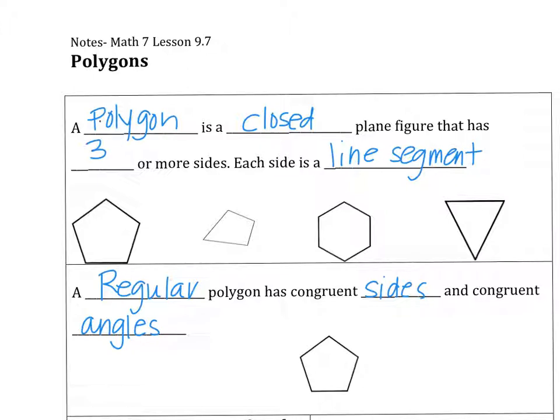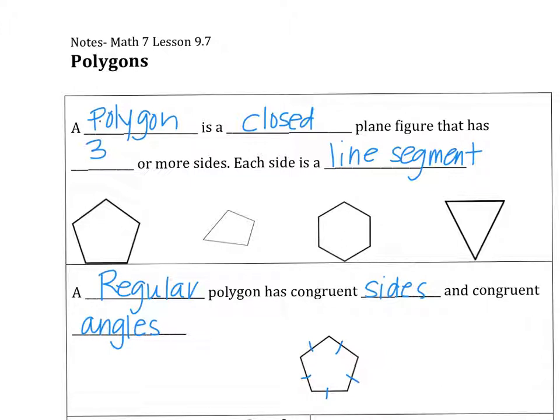So this shape below is a regular, let's see how many sides it is, 1, 2, 3, 4, 5, so it's a pentagon. It's called a regular pentagon because all of its sides are exactly the same length. So these little tick marks right here mean that they're the same.